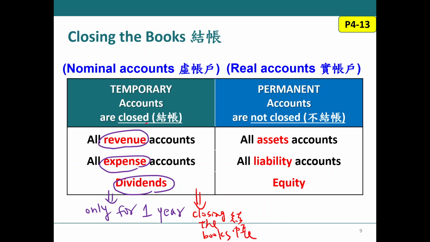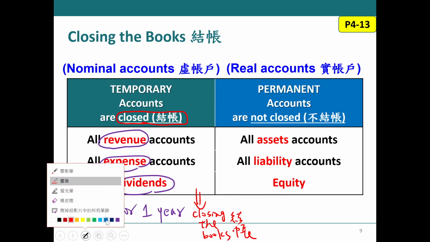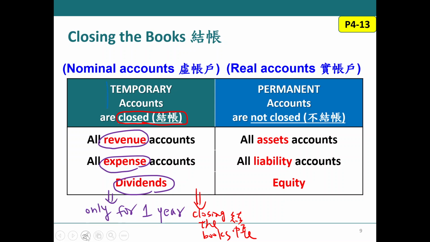So here I told you closed means close the book. And this kind of accounts, because their data is only for 1 year, we call these accounts temporary accounts. Temporary account means data only for 1 year. Temporary accounts, 临时账户.